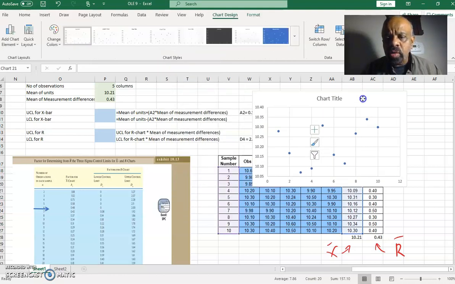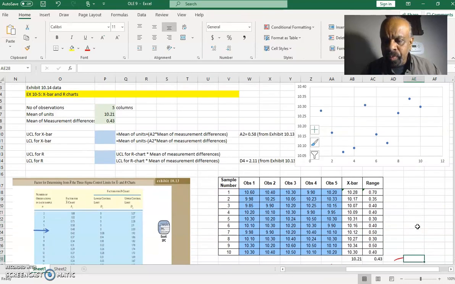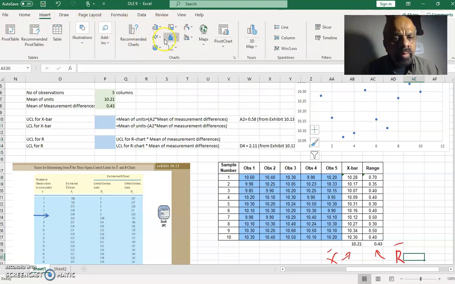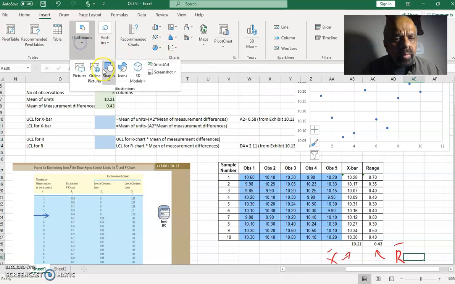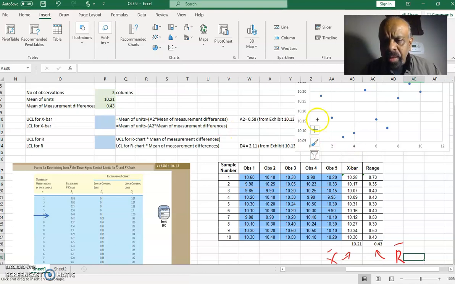This is my chart. This is my X bar chart. Here I can find the mean, which is going to be 10.21. So I can draw a line here, and that line is 10.21.